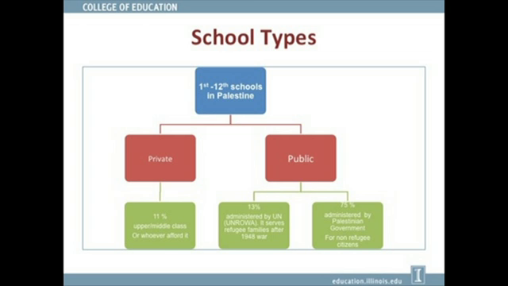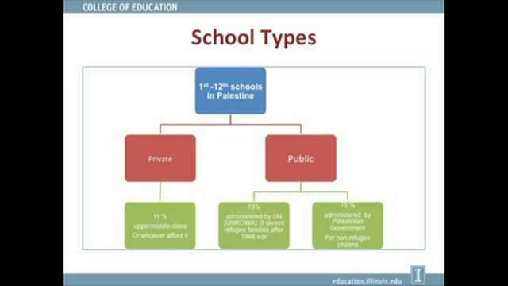We have different kinds of private schools: Islamic schools and international schools. These schools range from really high tuition, around 1,000 per semester, to about 400 per semester.